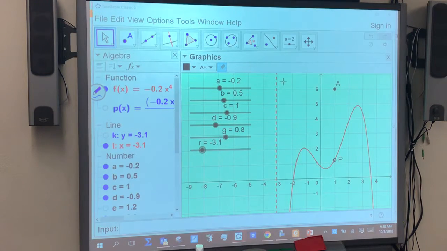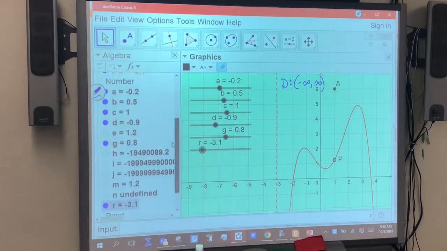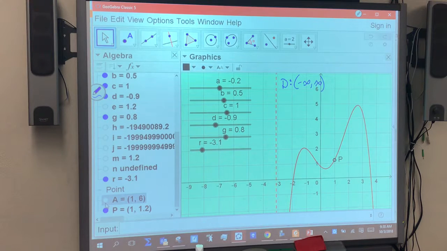Remember, our domain started off as negative infinity to infinity, right? When we removed point P and that point was not there, we had to get rid of x being 1, right? But if I put that point in right there, and all of this is part of my graph, will there be an x value of 1?